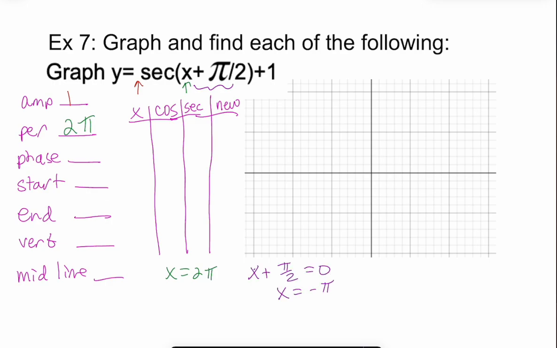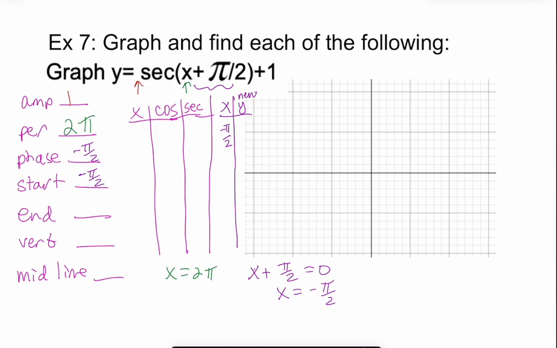So we get a negative pi over 2. So that means we've gone to the left of pi over 2. That's our starting place. So our starting place is negative pi over 2.